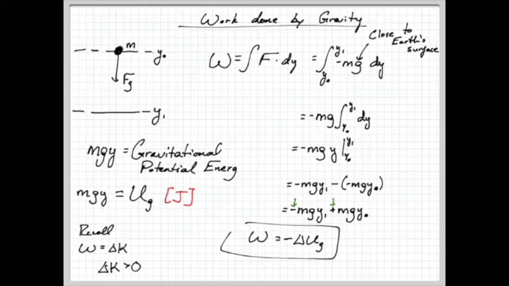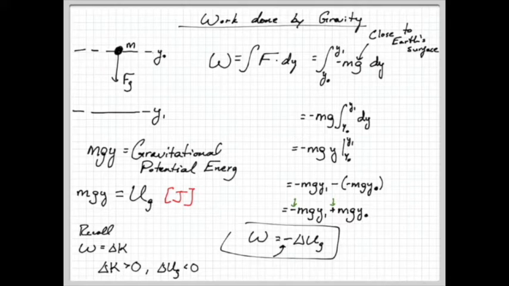If gravity caused an object to fall and move faster, it must have gained kinetic energy, and that energy must have come from losing potential energy. So if you gained kinetic, you lost potential. That's why it's a negative sign.